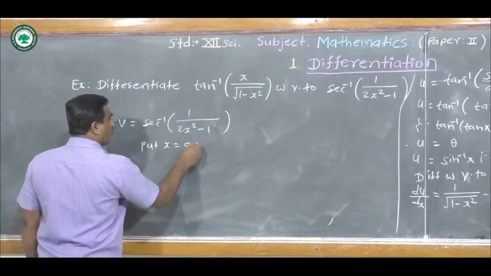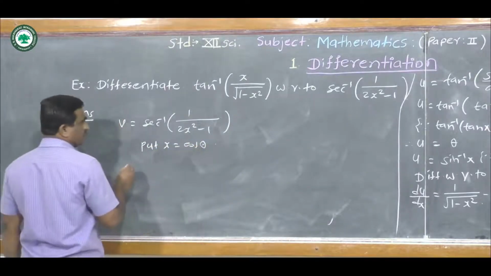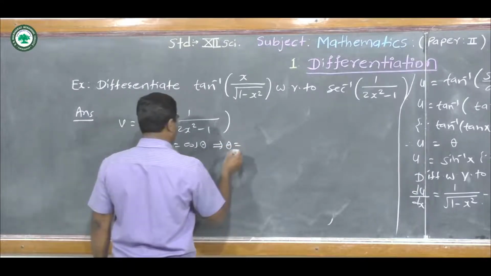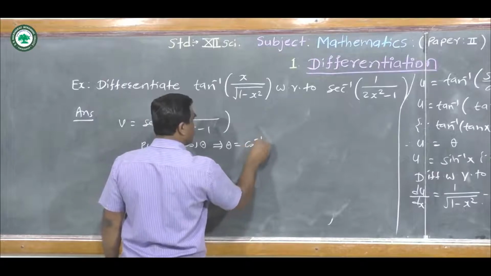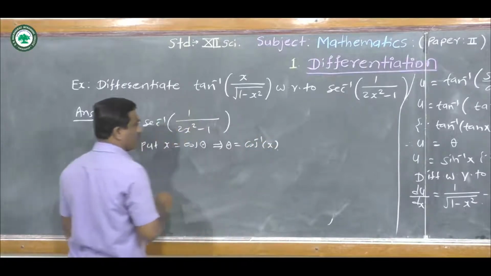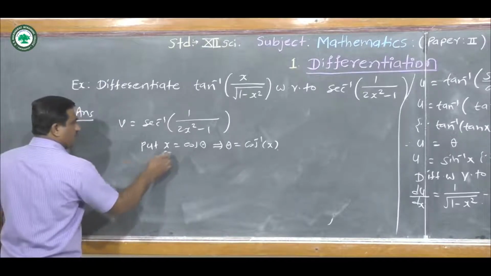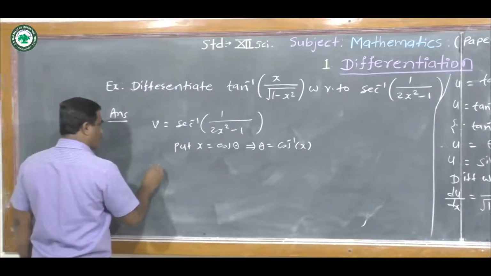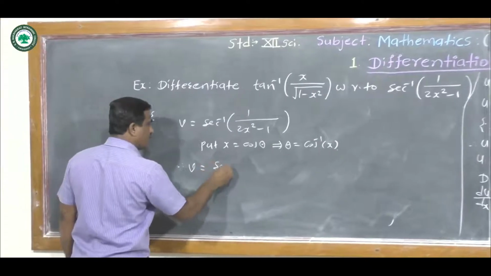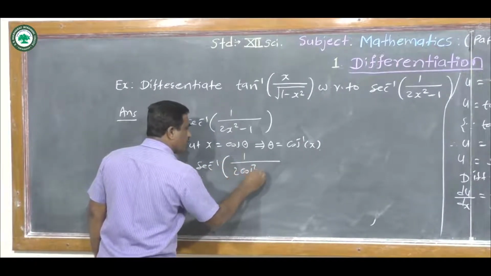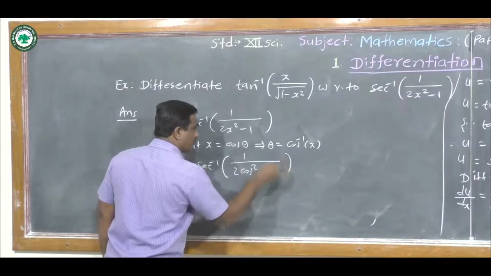This implies that theta is equal to cos inverse of x. Put this value x is equal to cos theta here. Therefore we get v is equal to sec inverse of 1 upon 2 cos square theta minus 1.